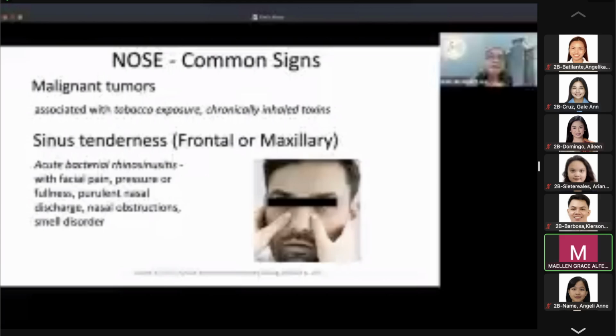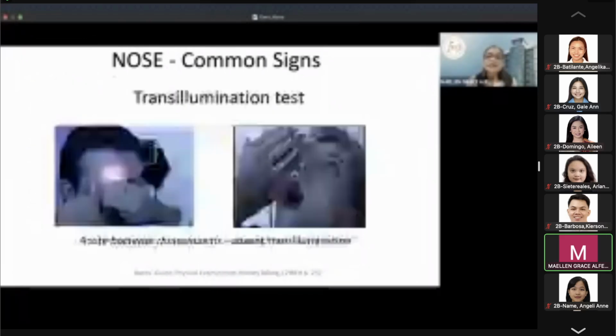For these patients who have sinus tenderness, what you can do is to test for transillumination. So, this is the transillumination test that you can do to check for presence of sinusitis. Here is a positive transillumination test. So you see the light shining. So the glow can be present. So the first picture shows a normal transillumination test in the frontal sinus.